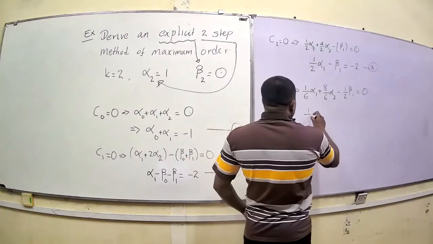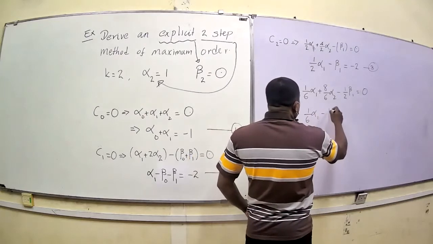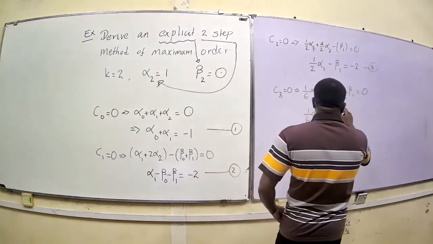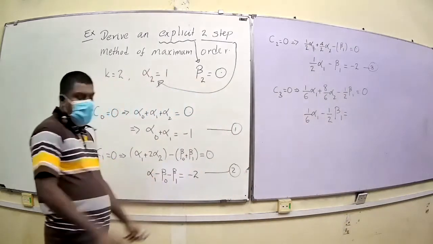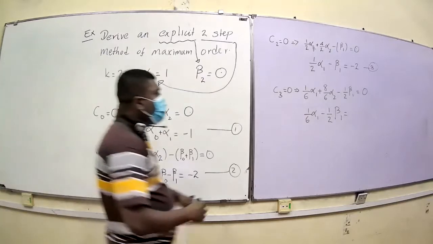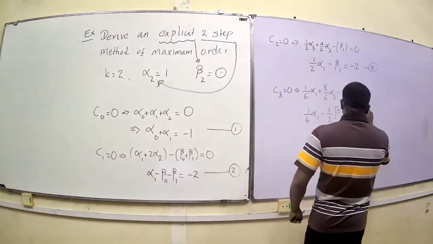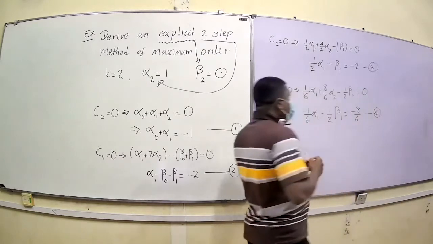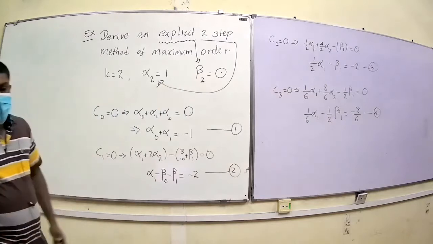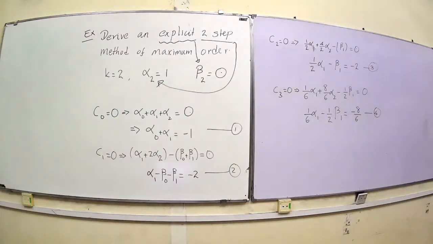This gives you 1 upon 6 alpha 1 minus half beta 1 is equal to minus 8 over 6. This is equation number 4. You simplify this, and now you have 4 equations and 4 unknowns, so you can compute the values.